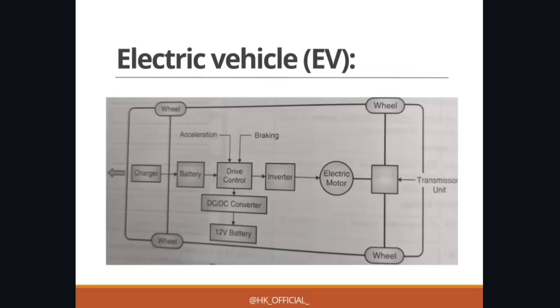Then in between you have to mention drive control. Then in left of driver you have DC to DC converter, and you have 12-volt battery. In front of drive control, what is there? Battery is there and charger is present. Then behind driver, inverter and electric motor, and then transmission unit is present. Okay, so this was very simple layout of your electric vehicle.